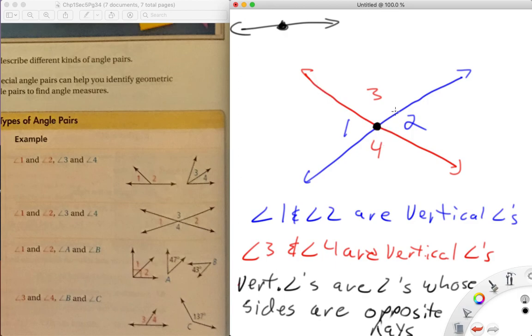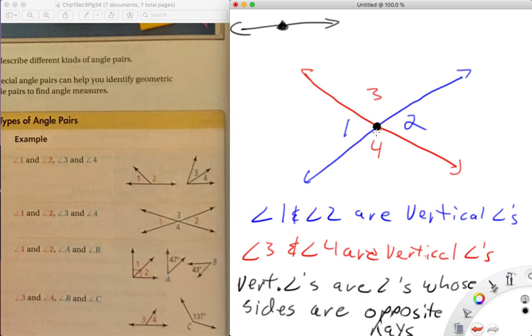And notice that those two lines form opposite rays, and they also are at the same time the sides of all of these angles. These pairs of opposite rays that form this X, this crisscross, also form all the sides of angle 3, angle 1, angle 2, and angle 4. They all have a pair of opposite rays, therefore they're vertical angles.